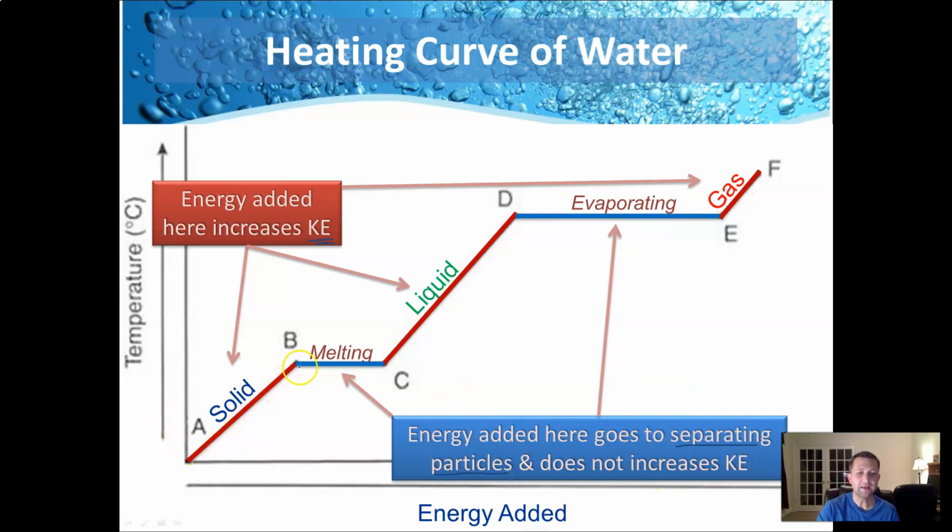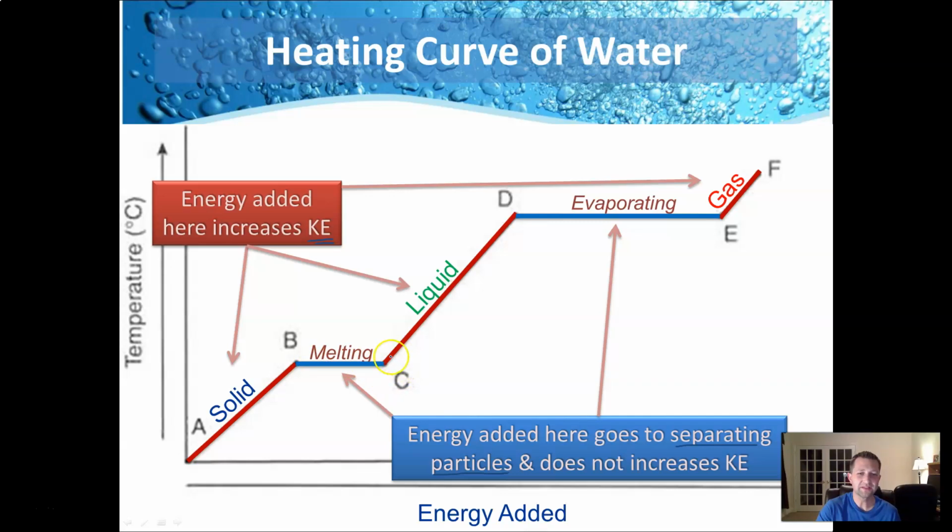So once you hit that melting point, all the energy being supplied is breaking the attraction between the particles of that substance. So your solid particles are moving further apart, the attraction is being broken and turning into a liquid.